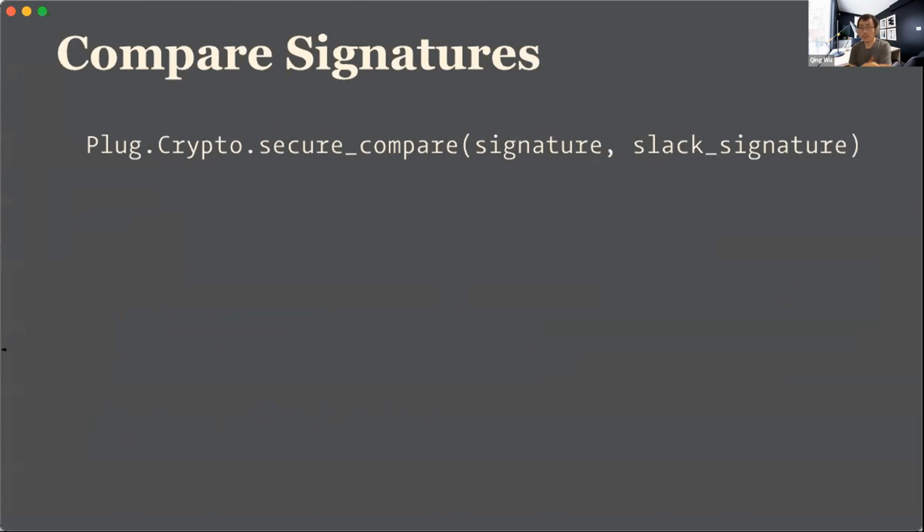Note here, we want to use the secure compare function from the plug module rather than double equals in this case, because the latter is potentially subject to timing attack, which just means it allows a potential hacker to know how long it takes to finish the comparison, and then based on that information, they will know how many characters are the same, and then they can potentially do some damage.